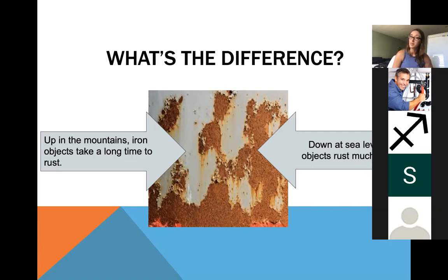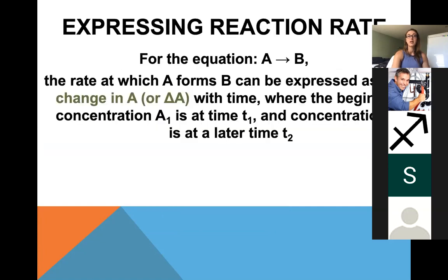And remember from our video that if you lower the concentration of a reactant, you decrease the likelihood of collisions. And if you decrease the likelihood of collisions, you're going to decrease the rate of the reaction, okay? And so that has to do with more of a concentration thing, okay? So there we go.